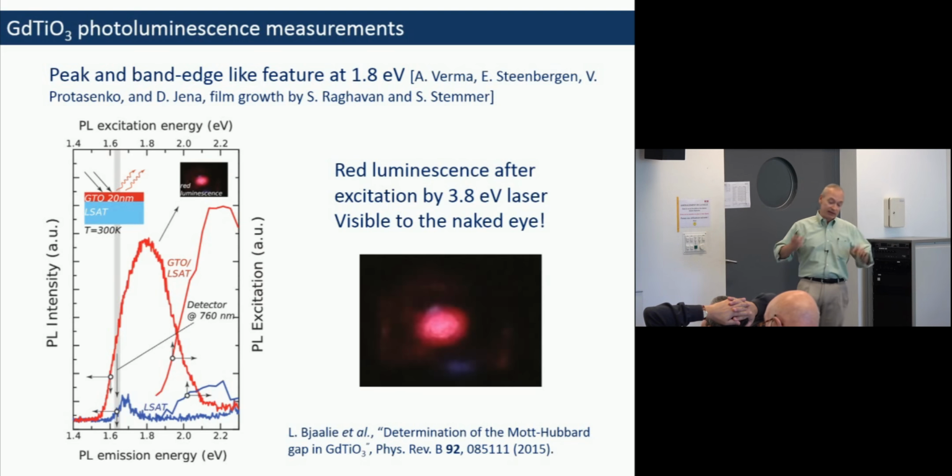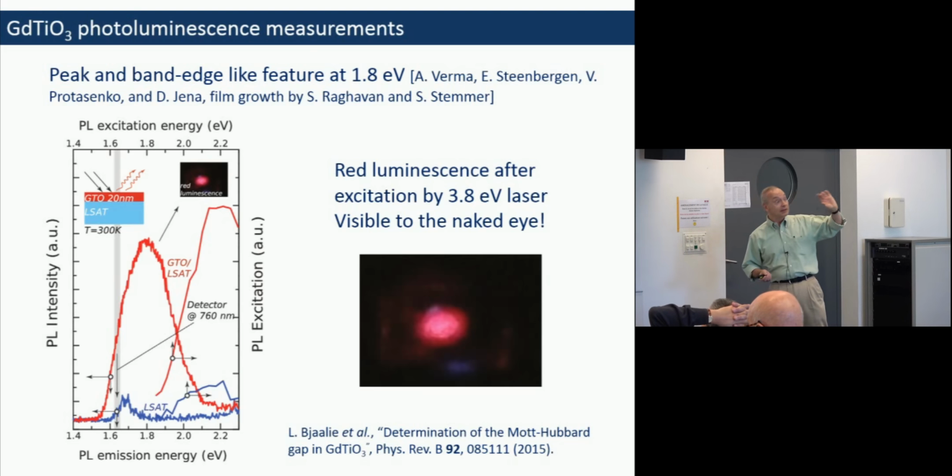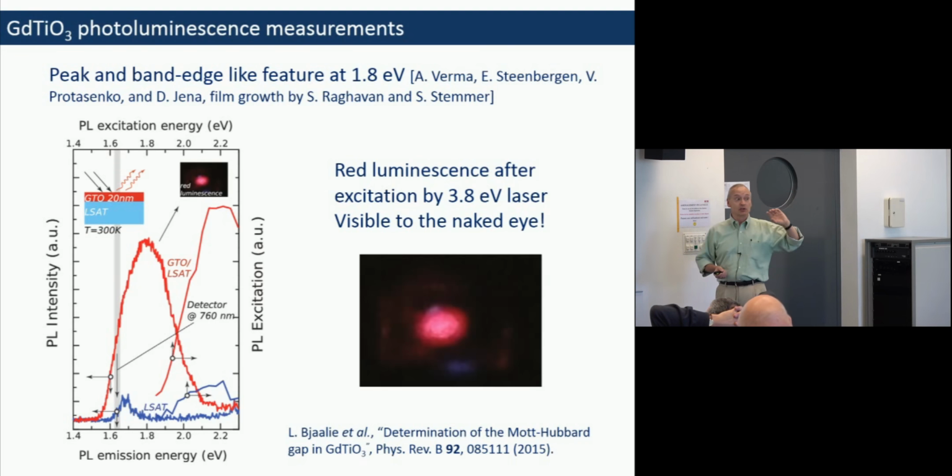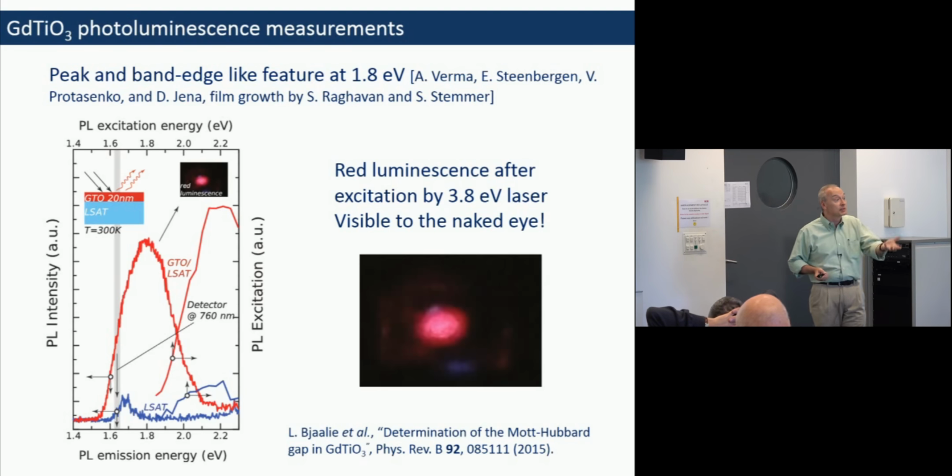This was material, again, grown by the group of Professor Suzanne Stemmer. Very thin layers, okay? I think this was on the order of 100 nanometer thick layer, so really not much material. But they got luminescence out that was visible with the naked eye. And the luminescence occurred at about 1.8 eV.